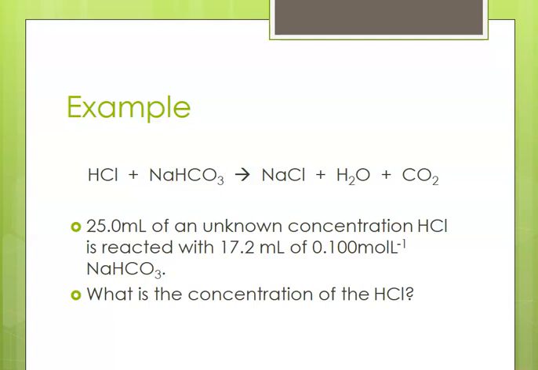Now, if you've got a question like this, can I please suggest the first thing you do is get out 2 different coloured highlighters and highlight the information for substance A, in this case the hydrochloric acid, in one colour. And then the information for the other substance, so for example the sodium hydrogen carbonate, in a different colour.